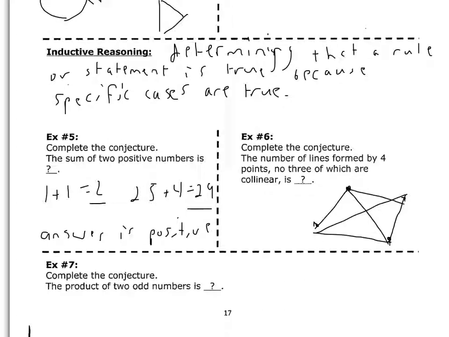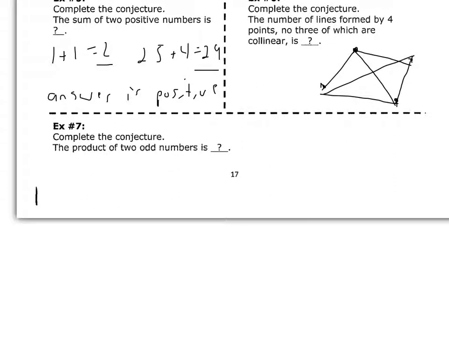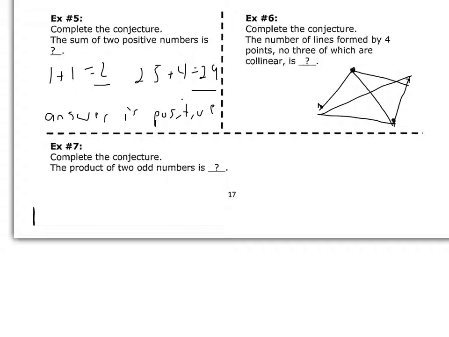Let's keep moving. Okay, the product of two odd numbers. Odd numbers: 1, 3, 5, 7, 9, those guys, and product meaning multiplication. Okay, so let's do an example. 1 times 1 would equal 1. 3 times 3 equals 9. 5 times 7 is 35.